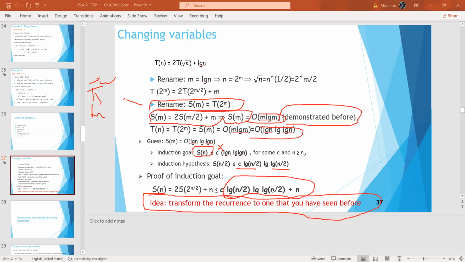So anything that you have seen before, you can use it, convert it as it was or as you have proved it before. So we have here log N over 2 multiplied by log N over 2.